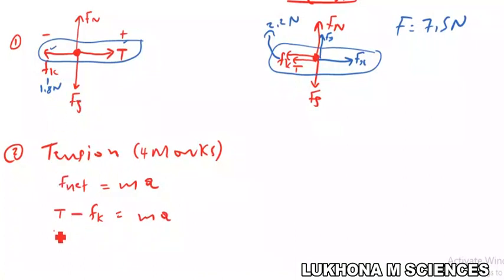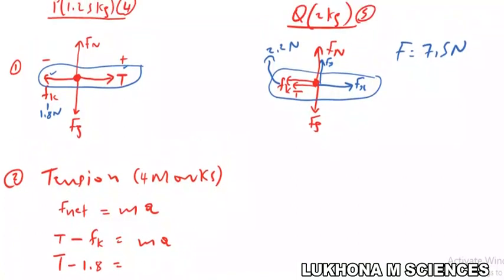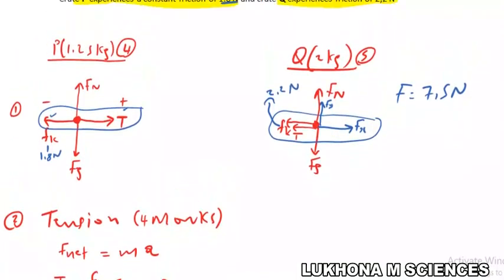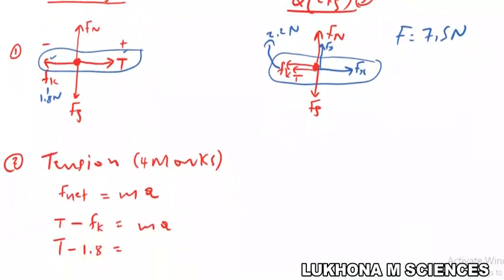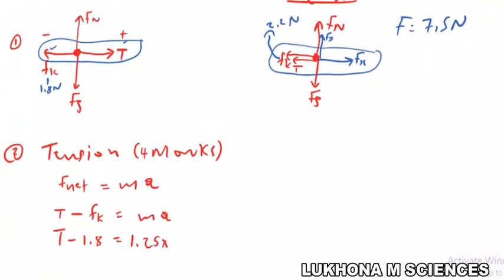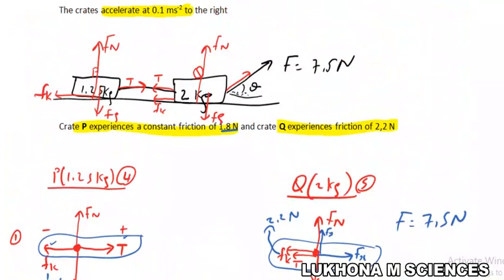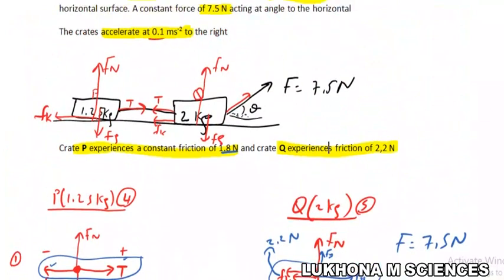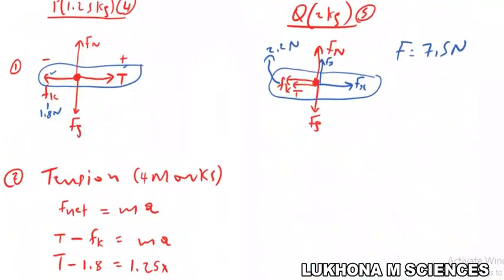We are looking for the tension, the friction is 1,8, the mass of this object is 1,25, whereas the acceleration is given in the statement, that is 0,1.